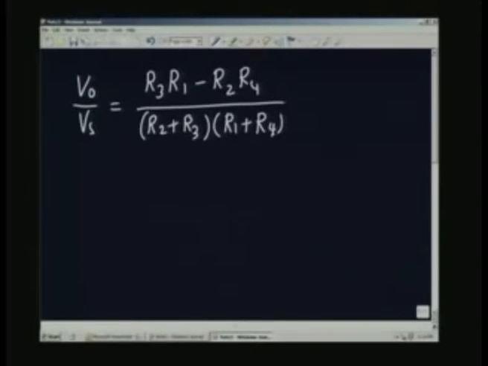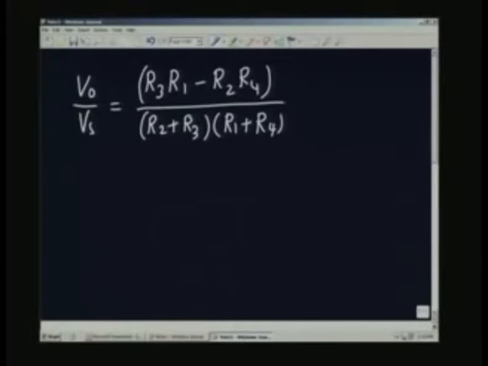This is the expression. In fact, you see that if the numerator vanishes, there is balance. That happens if R1, R2, R3, R4 are all equal, it is going to vanish. This is what we saw in the previous expression.